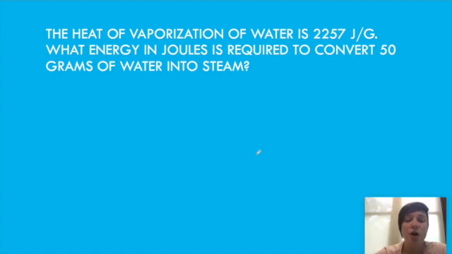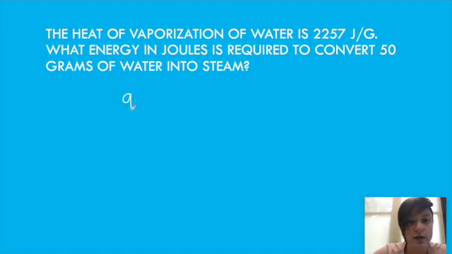This time we're going to figure out what energy in joules is required to convert 50 grams of water into steam. In the first heat of fusion problem, we looked at 50 grams of ice turning into liquid water. Now we're going to change 50 grams of liquid water into steam. Let's see how much energy that takes.